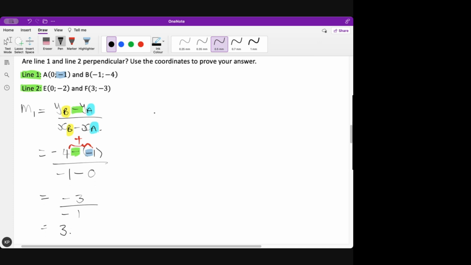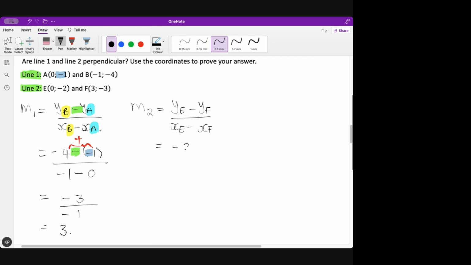Now we need the gradient for line 2, which is the y coordinate for point E minus the y coordinate for point F over the x coordinate of point E minus the x coordinate of point F. Great. What is my y coordinate for E?